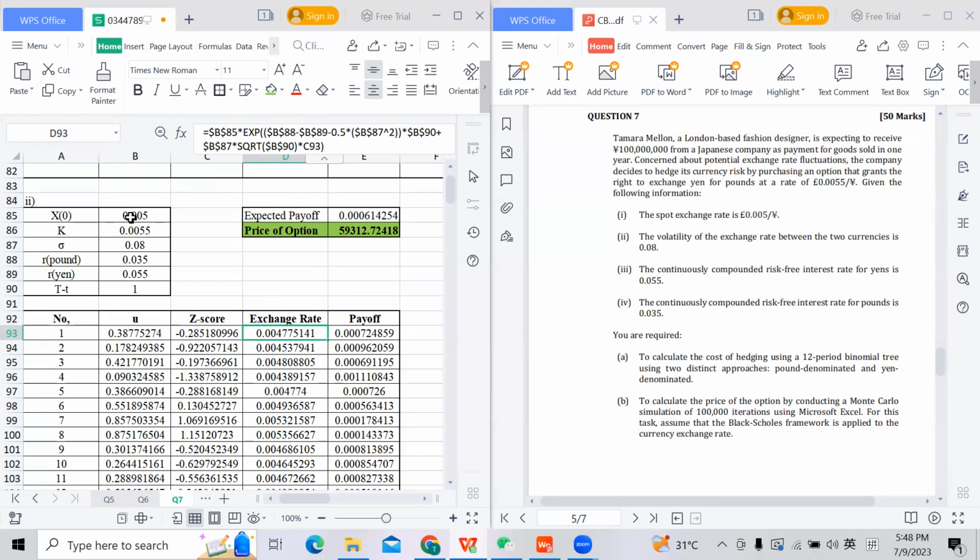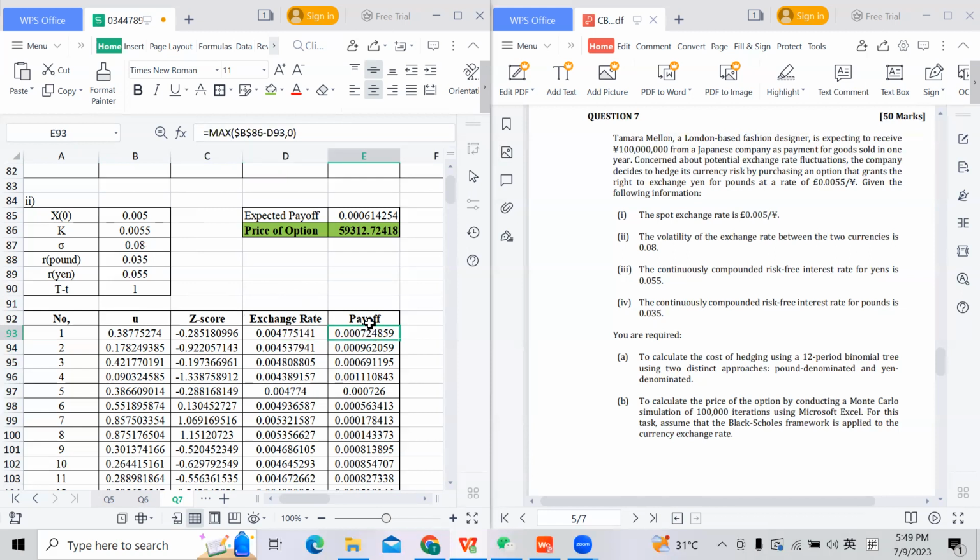So it is X naught times the exponential of (R minus RF minus 0.5 sigma squared) times (T minus t), plus sigma times the square root of (T minus t) times the z-score. Yeah, we will get the exchange rate.